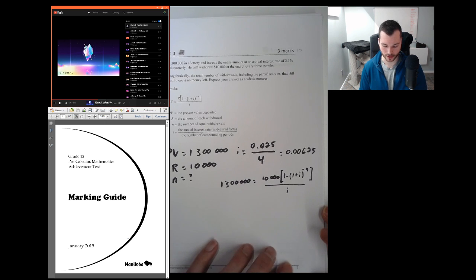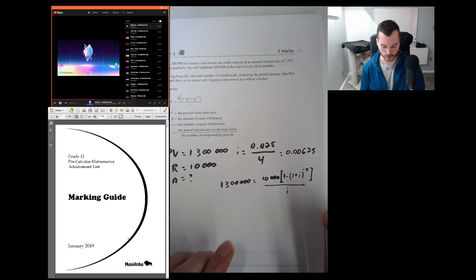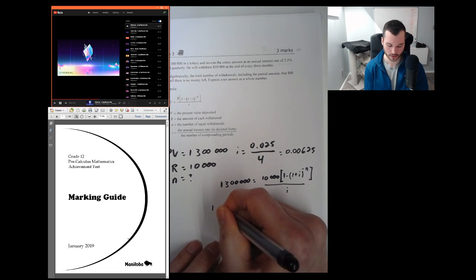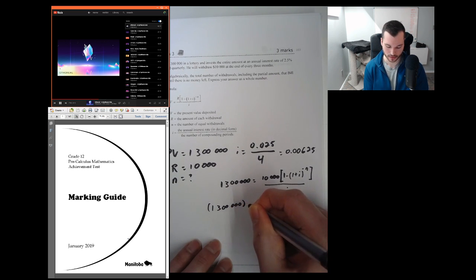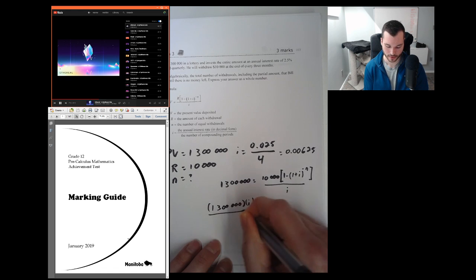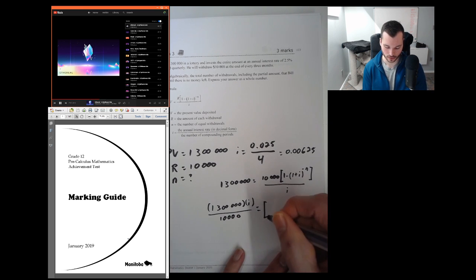I'm going to multiply the i across, and then I'm going to divide by 10,000 as well. So we're going to say 1,300,000. And I'm going to multiply this by little i, and then divide it by 10,000. And this is going to equal 1 minus 1 plus little i, negative n.